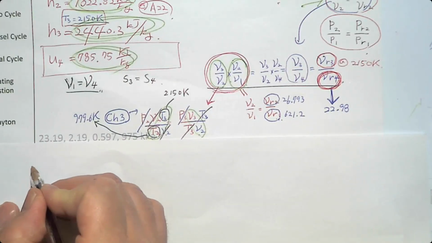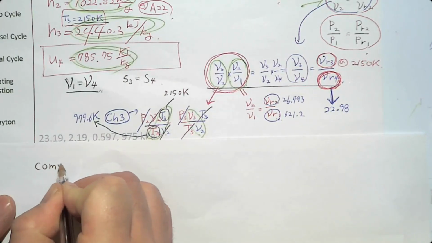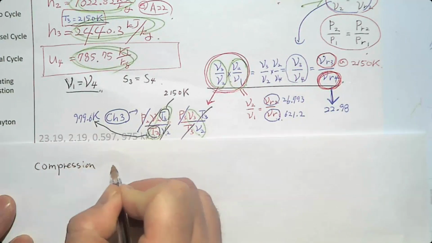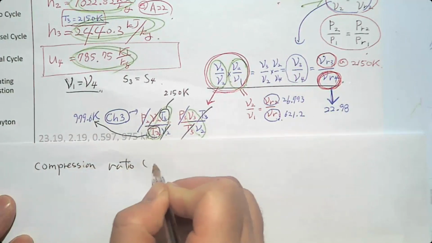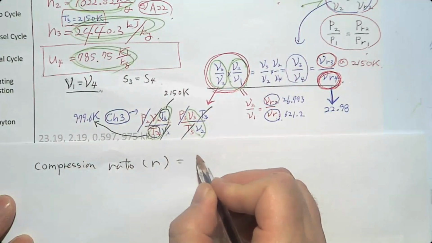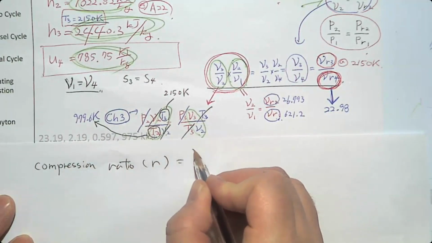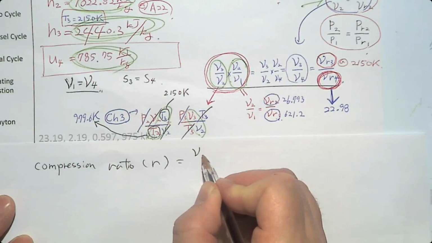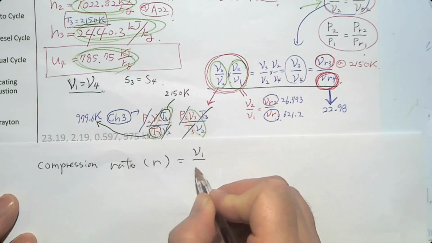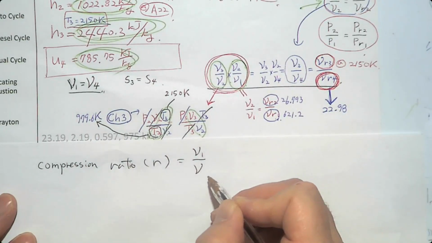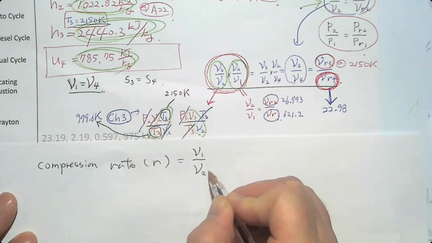So the compression ratio, which is R, can be determined by the volume when the piston is at the bottom dead center, and the volume when the piston is at the top dead center.